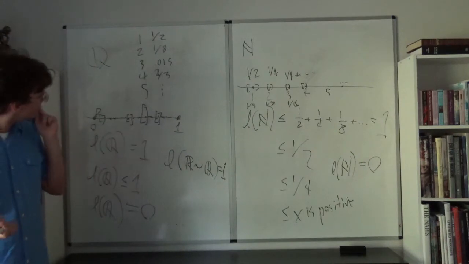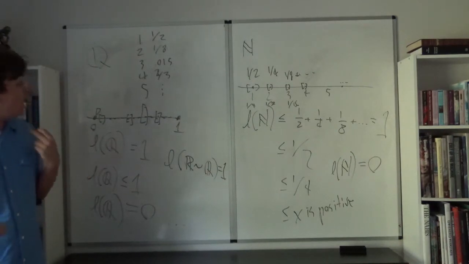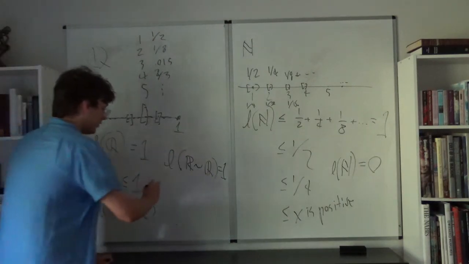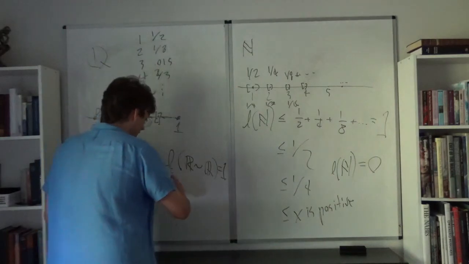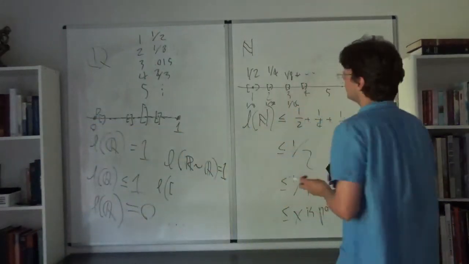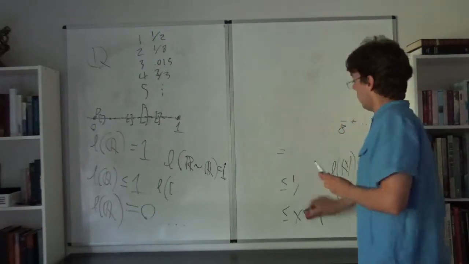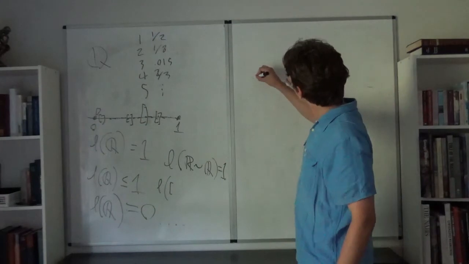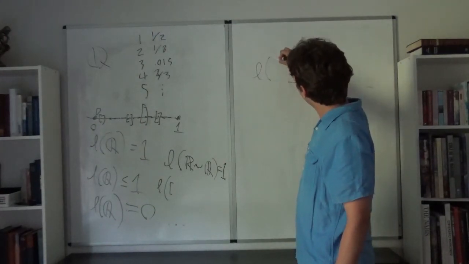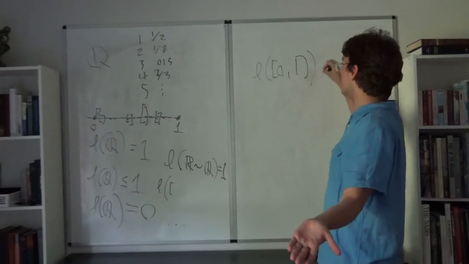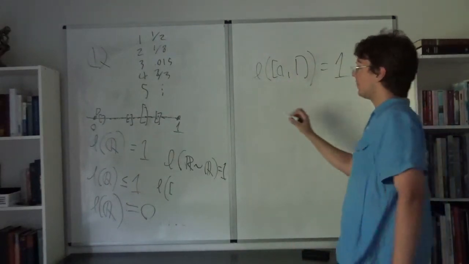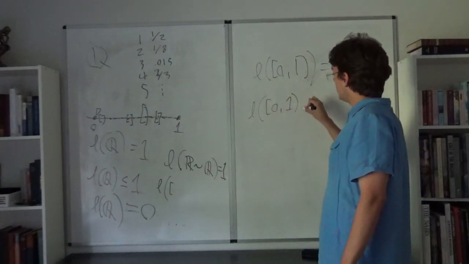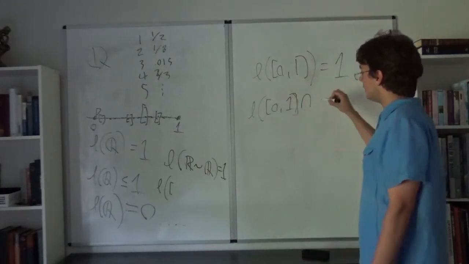So, where do we go from here? Well, one thing we find is that if the area of 0 to 1, that's an interval of 1, right? That is area 1, obviously. Well, what is 0, 1 if you take away all of the rational numbers?